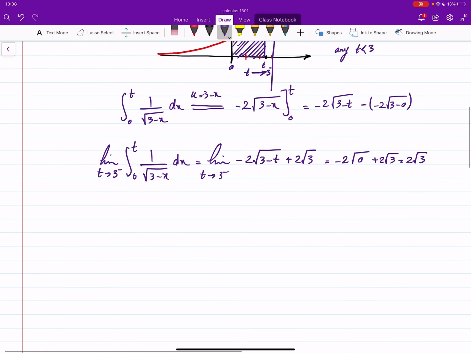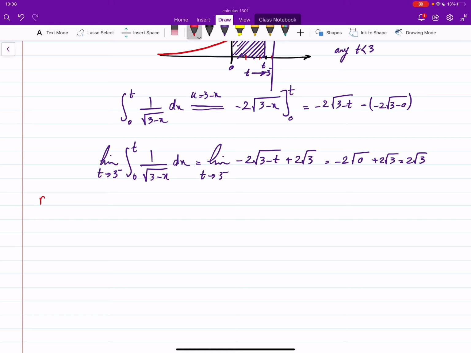In general, we will define such integrals by similar limits of integrals.